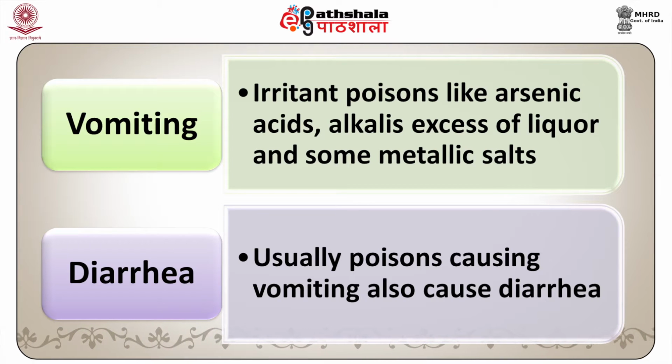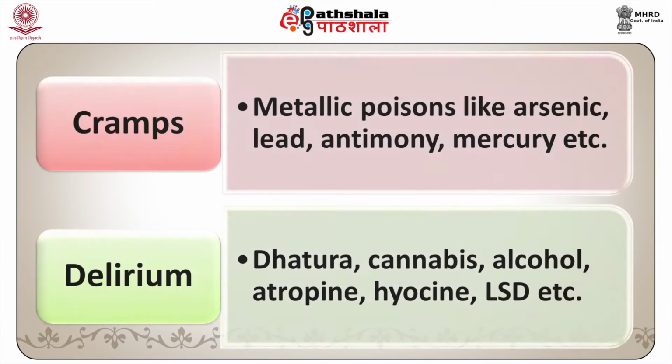The poisons involved are usually the poisons causing vomiting also cause the diarrhea. For cramps, metallic poisons like arsenic, lead, antimony, mercury, etc. Delirium is caused by the poisoning of dhatura, cannabis, alcohol, atropine, hyoscine and LSD, etc.